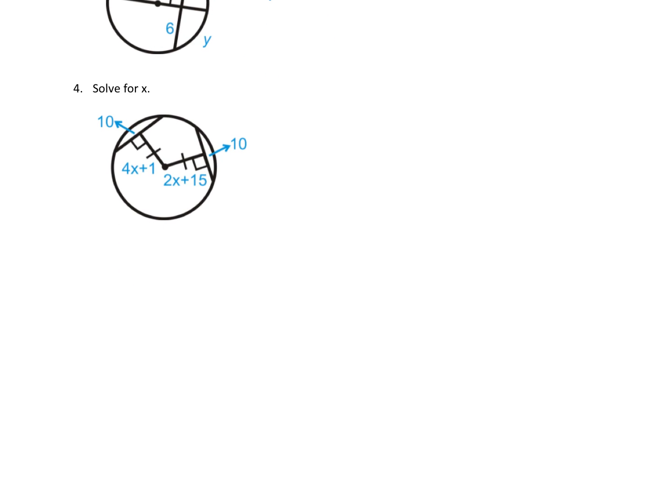Lastly, solve for X. Since we have equidistant chords, I know those 2 segments have to be congruent, so 4x plus 1 must equal 2x plus 15. I'm going to subtract 2x first.